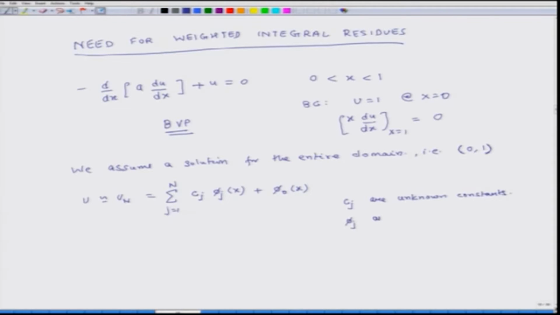Phi j are assumed functions, known, and actually we assume them. So, these phis are known and actually assumed functions, and the same thing for phi naught of x.